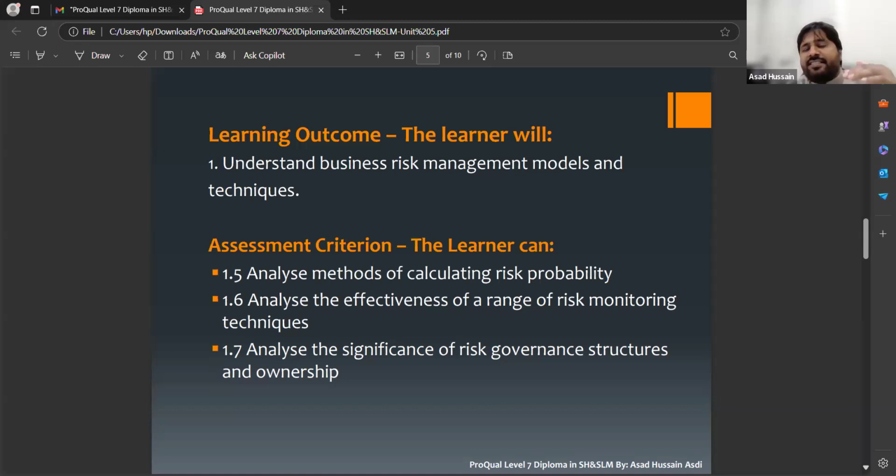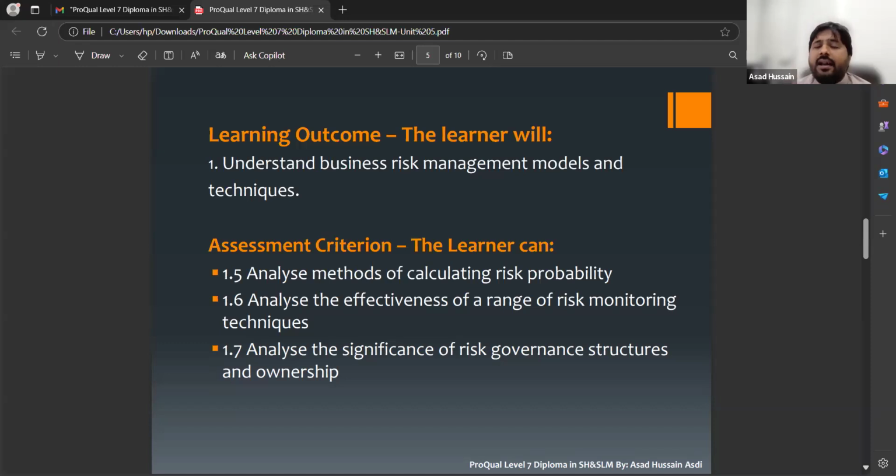In all these 7 assessment criteria of learning outcome 1 for this unit 5 of the ProQual Level 7 Diploma in Strategic Health and Safety Leadership Management, it is discussing understanding. In this first learning outcome, a learner or candidate should know all these things.